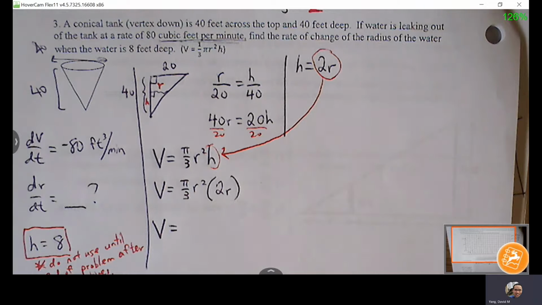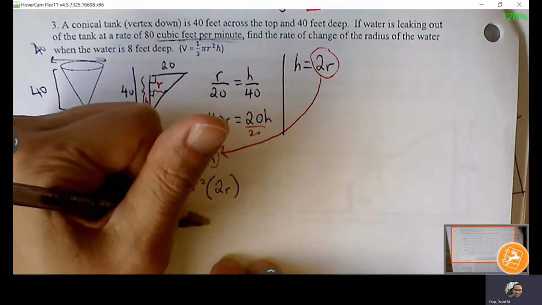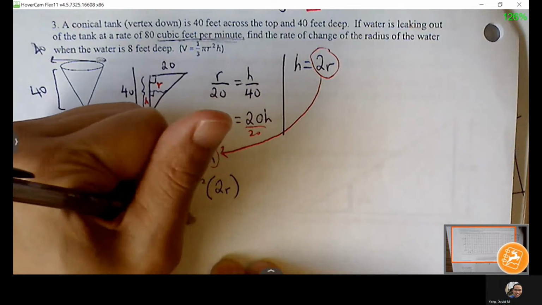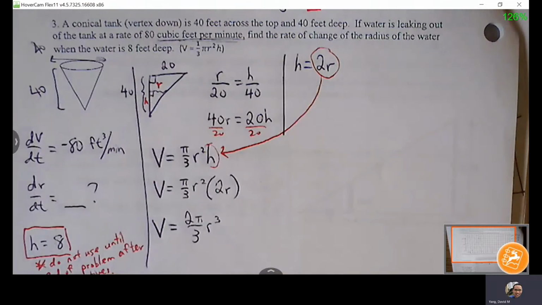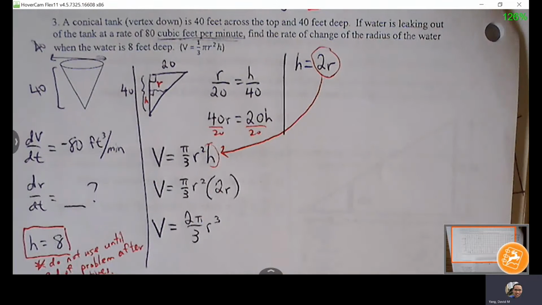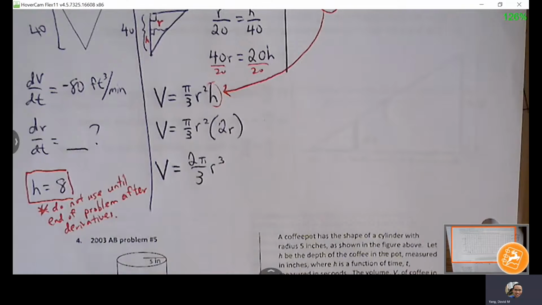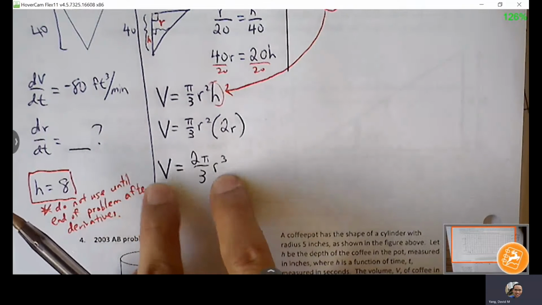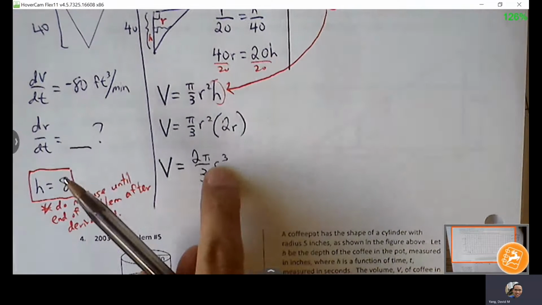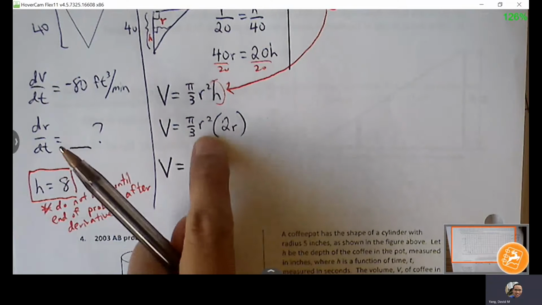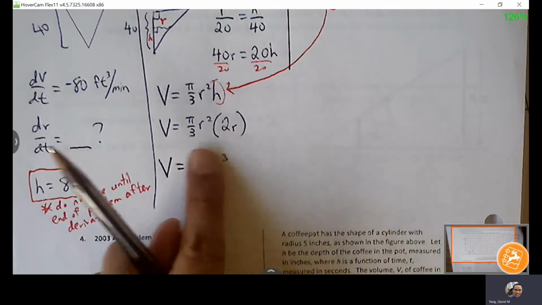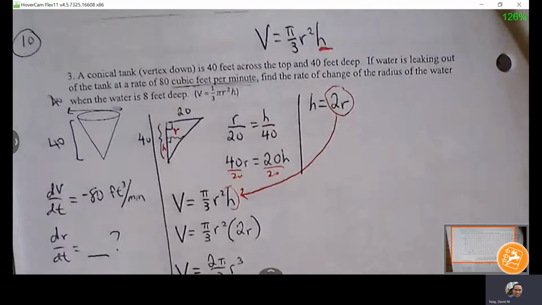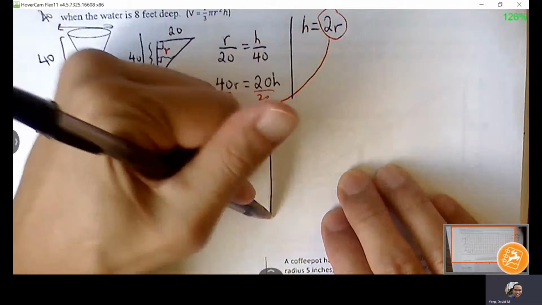Over 3 R cubed. Good. All right, we're down to one variable, which is good. This is nice and clean, no parentheses. We don't have r's all over the place. It's compacted into one term, with the coefficient nicely put next to it. Okay, now we're ready for the derivative.